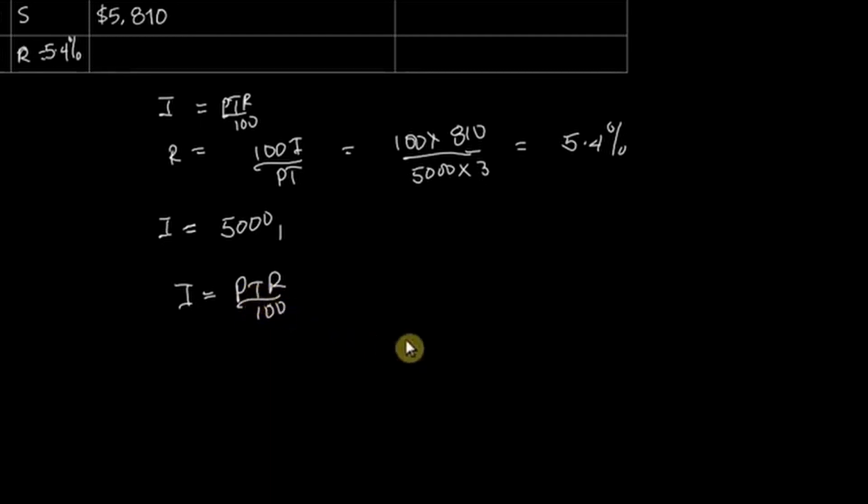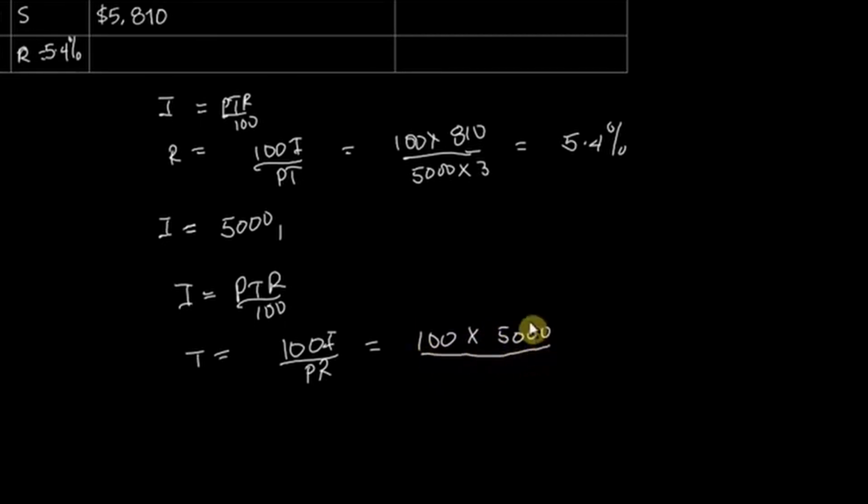And we're asked to determine how long it would take, so we need to find an equation for time t. We could write simply t is equal to 100I over P times R, where the rate of interest is the same as before, 5.4%. So 100 times I, where I is your interest, which is $5,000 because it has doubled.